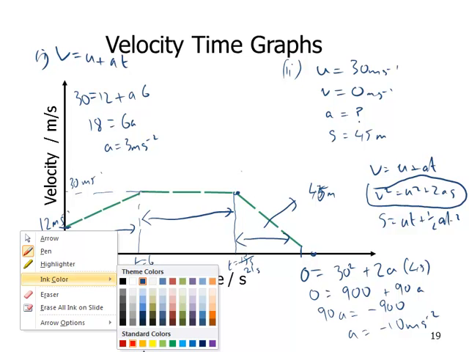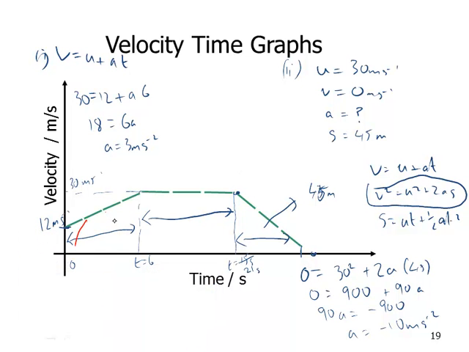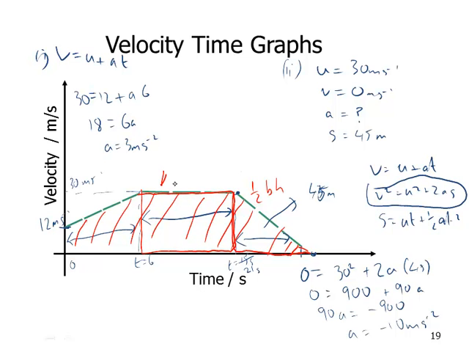If we get the area underneath this graph here, now this bit here is easy because it's just a triangle, so it's going to be a half the base by the perpendicular height. This is just a rectangle here, it should just be length by breadth. This here, you'll have to do a little triangle and a rectangle to get that bit.